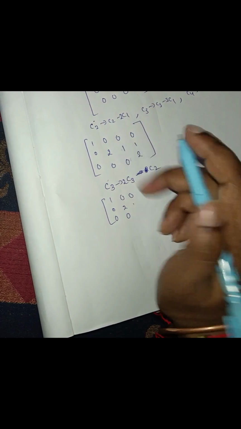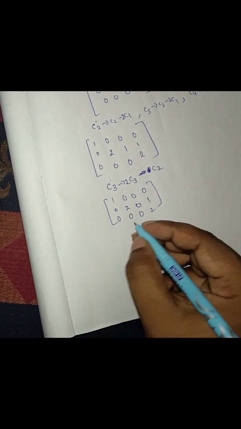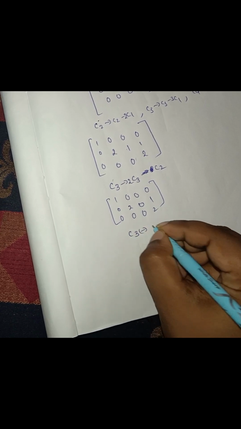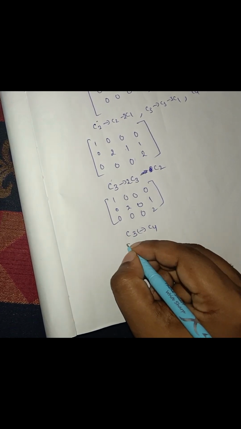And 2C3 minus C2. 2 minus 2, 0. 0 minus 0, 0. 0 1 2. So now I'll interchange C3 and C4: 1 0 0 0, 2 0 0 1 2 and 0 0 0.